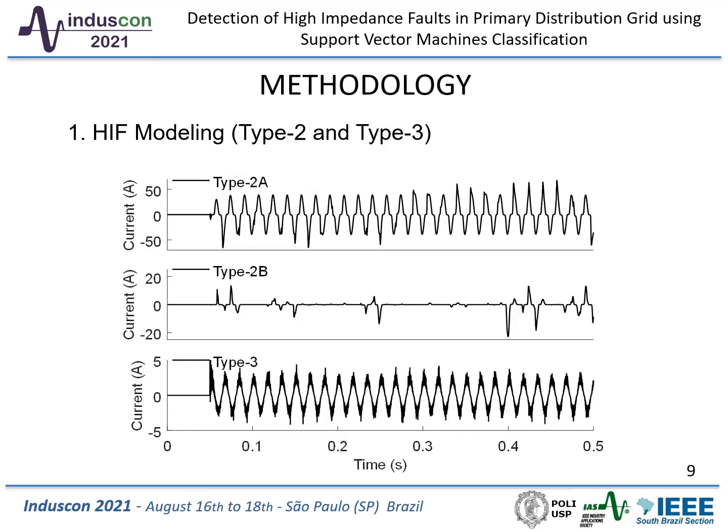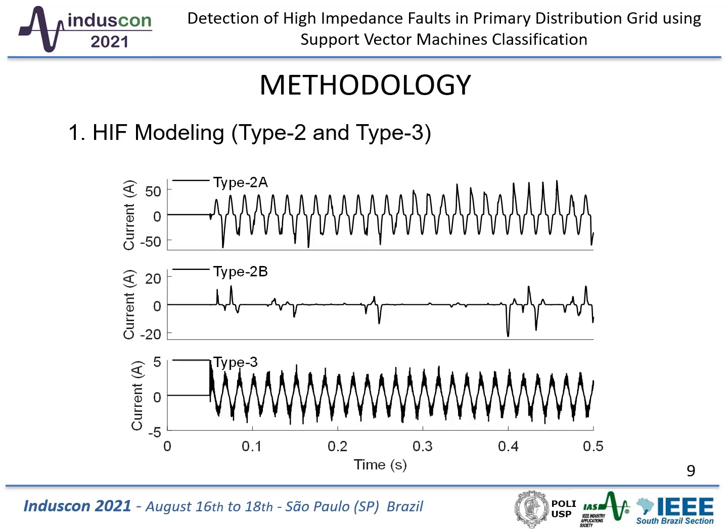Analogously, this picture shows faults that present unstable behavior, especially when compared to type 1 HIFs. HIFs that only possess fluctuations randomly distributed along the current waveform are labeled as type 2A. On the other hand, HIFs that in addition to random fluctuations also present overall intermittence are classified as type 2B.